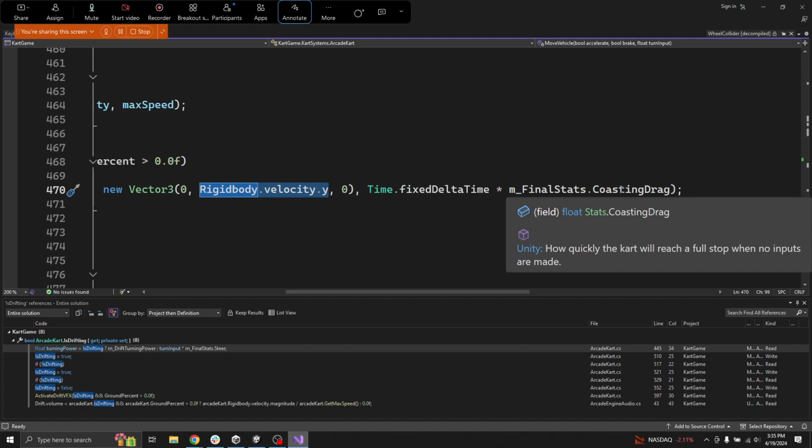So it's a drag when you're coasting, slowing you down a little bit if you have a velocity but you're not accelerating, not pressing any of the input. They want to kind of slow you down slowly, but not instantly stop, and not just have you keep moving along at a constant velocity where it feels like you should be slowing down, like your car on the road when you're not hitting the gas pedal.